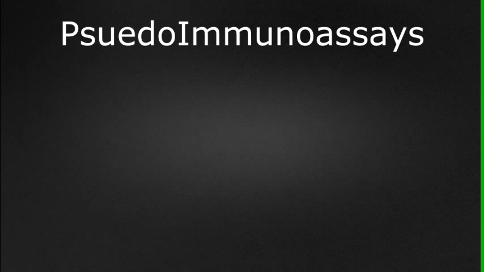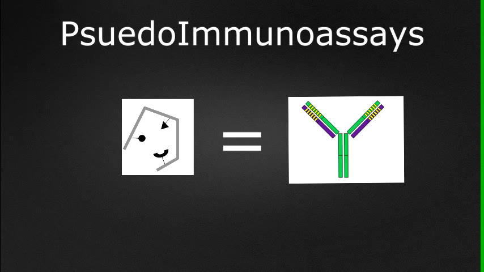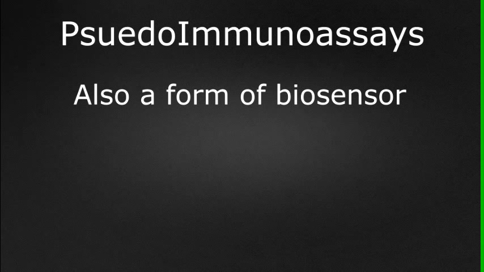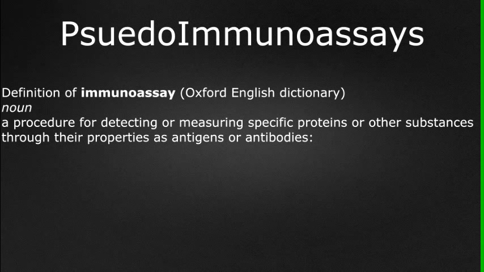It is often said that MIPs are a lot like artificial antibodies because they're highly selective and they only bind primarily with one compound. And this has led to the development of something called pseudo-immunoassays. Now, first you need to know what an immunoassay is before we can move on to the MIP variant.